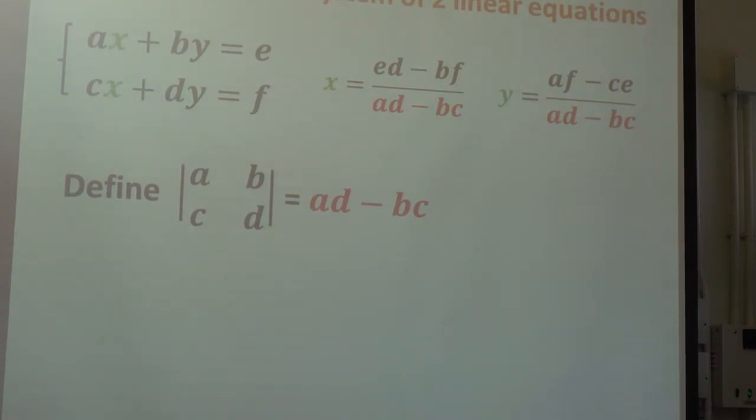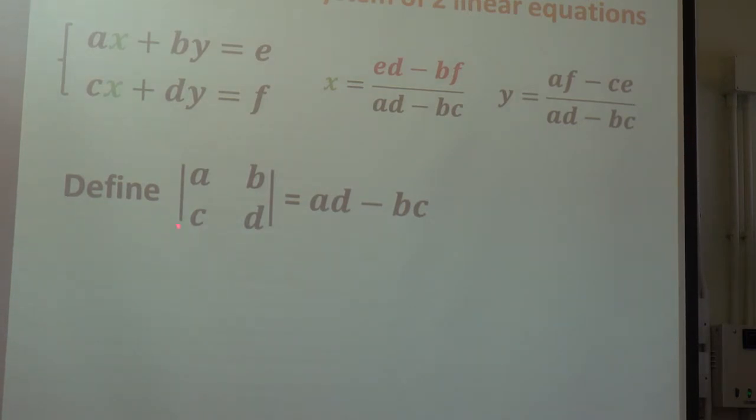Okay? So if we define this, then we can find some more interesting things from the solution. That was what I described. Now, let's take a look at the numerator of x. You can see that it was ED minus BF. When you see ED and BF, that is actually these 2 terms and these 2 terms.